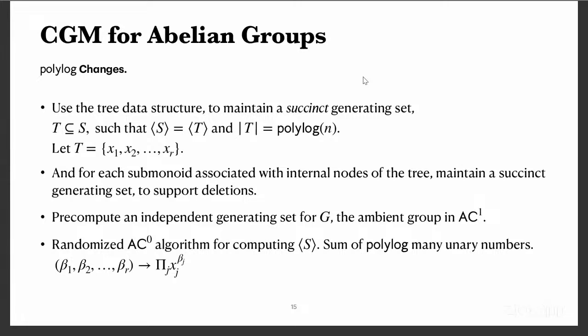So basically, it reduces to adding polynomially many exponents, and that can be done in AC0. And this gives a randomized AC0 algorithm for sampling from the span of S, and therefore we can solve the membership problem.